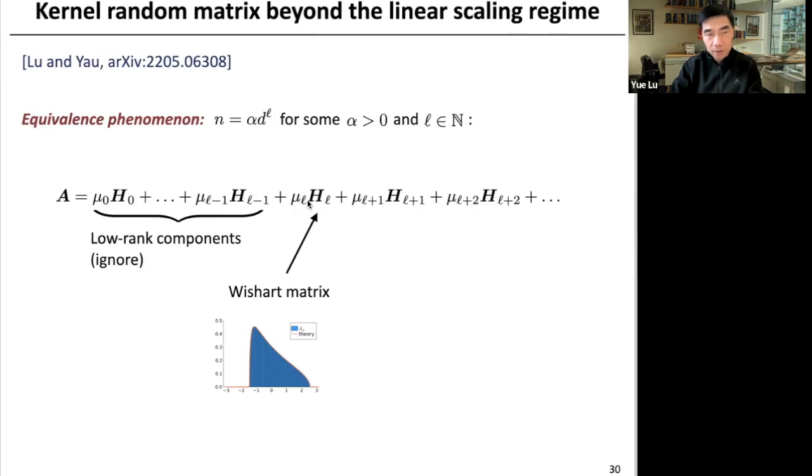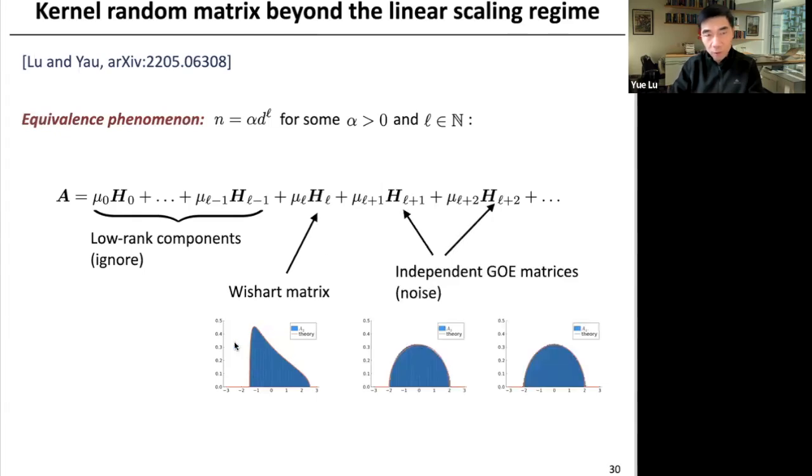At order L, the Lth order Hermite matrix is equivalent to a Wishart matrix. But then, interestingly, all the higher order Hermite matrices are asymptotically equivalent to an independent symmetric Gaussian matrix, so-called Gaussian orthogonal ensemble matrices, and they're also asymptotically independent.